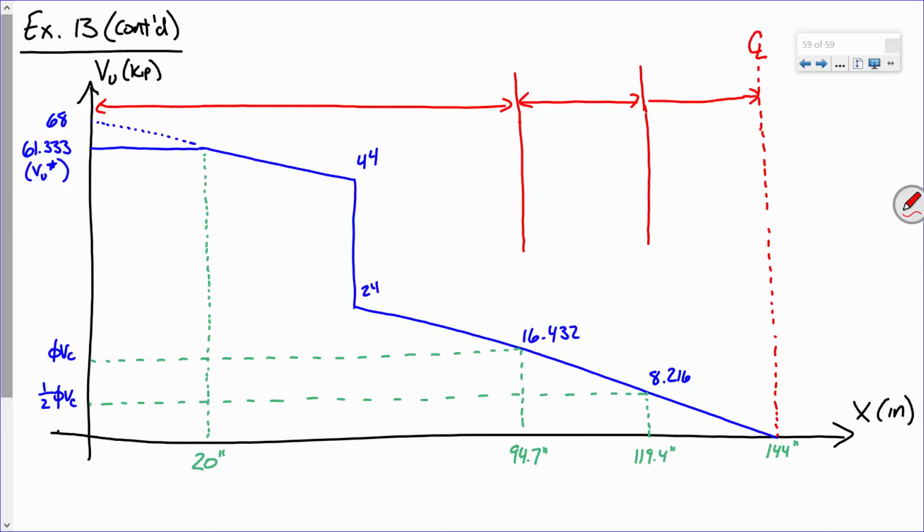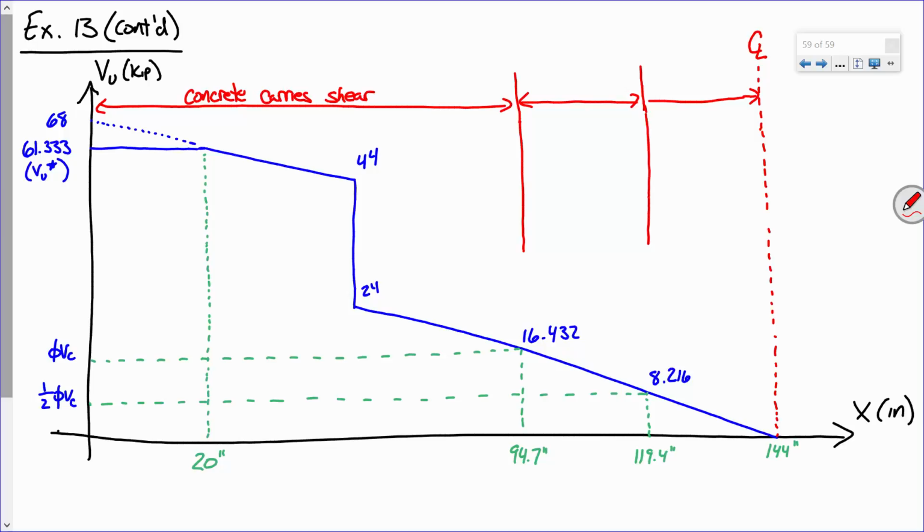Okay. So this first region here on the left is anywhere that the shear is higher than this value right here, which is PVC. So this is where the concrete carries the shear. Okay?